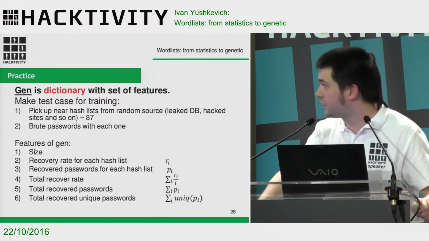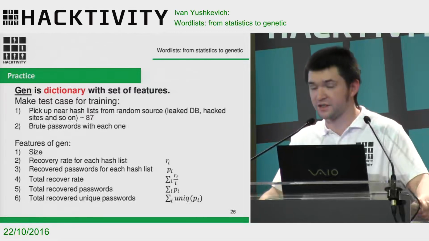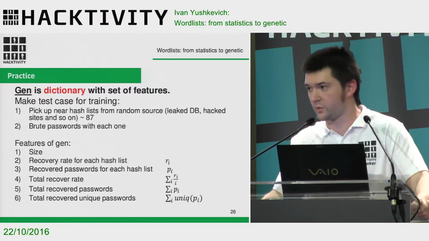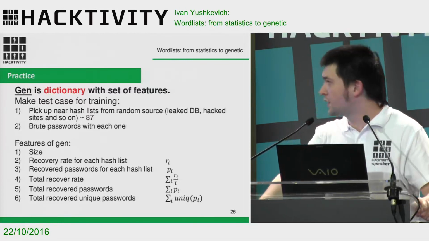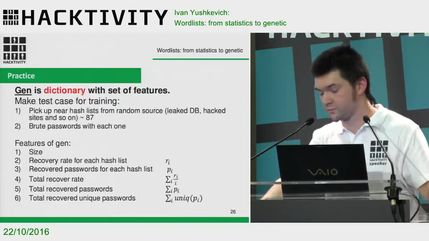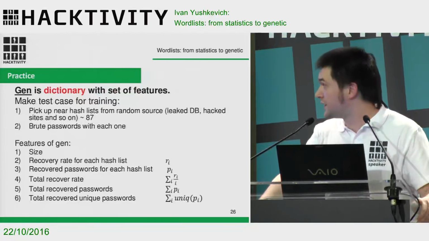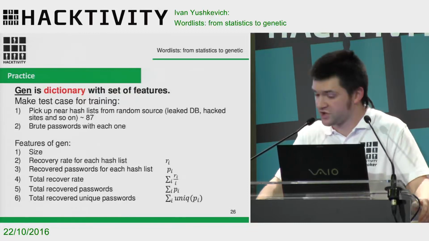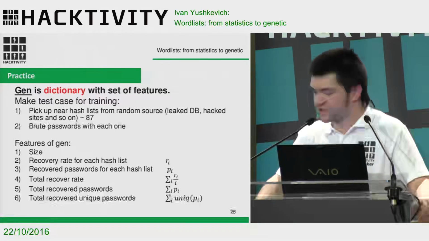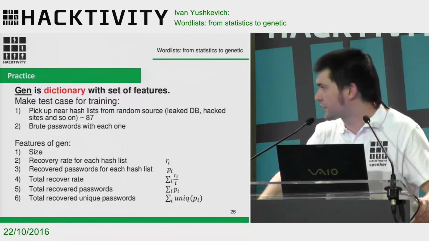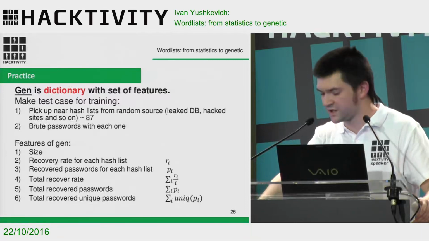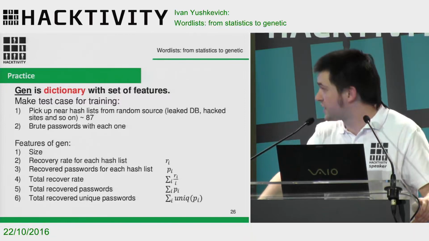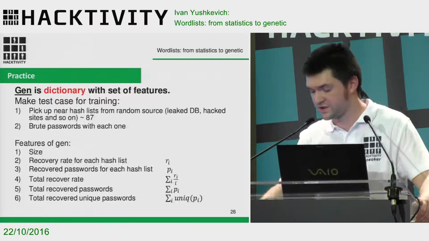Firstly, I picked a training set that contains about 87 hash lists from various sources that can be found all over the internet, and tried to crack each hash list with each dictionary again and get some values like the size of the dictionary, how many passwords it can recover, the total recovery rate, total recovered passwords, and the count of unique passwords that can be recovered using this dictionary.